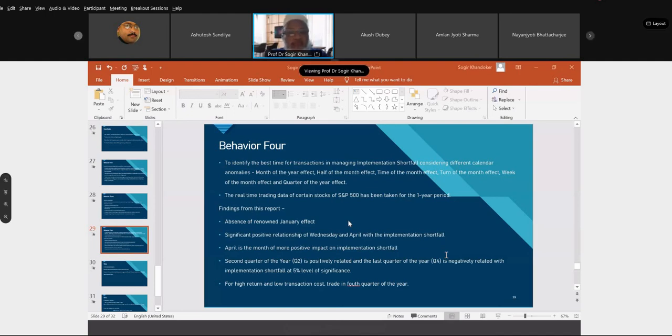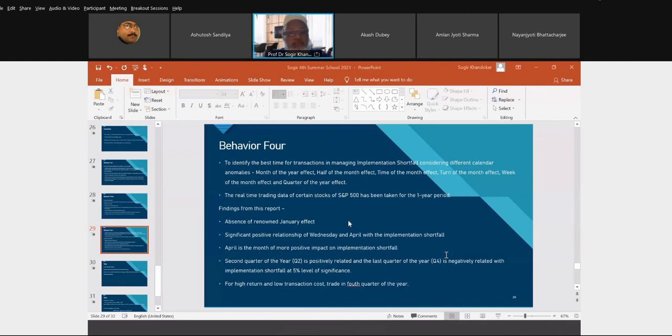In the week of the month effect, the outcome indicates that the first week of January, the first week of March, and the first week of April, along with the second week of April, have a positive effect on implementation shortfall compared to other months' weeks at the 1% level of significance.